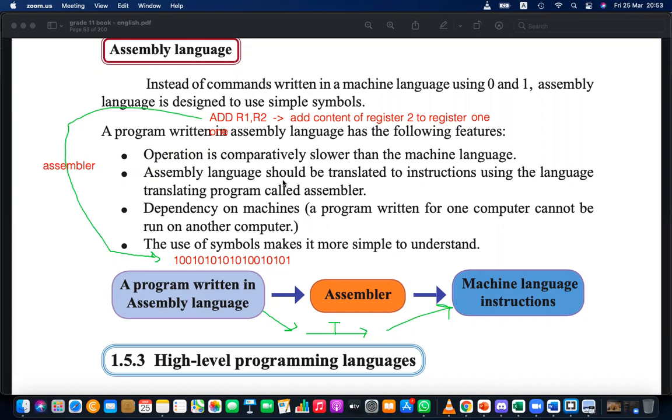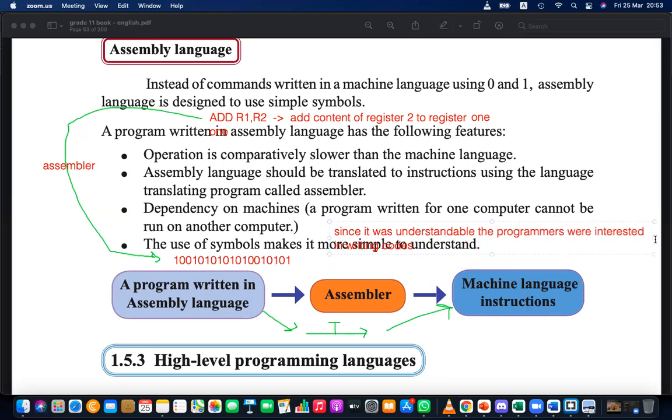The programmers were encouraged a little. Programmers were interested since it was understandable. The programmers were interested in writing codes.